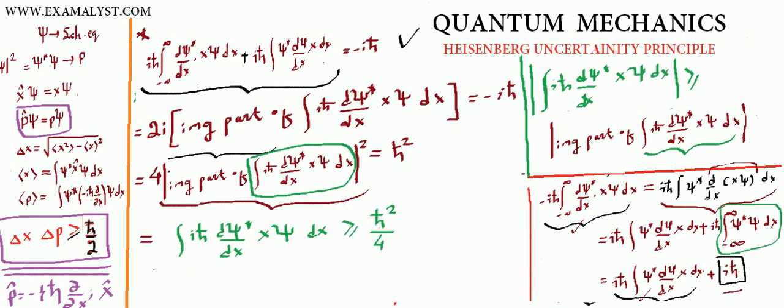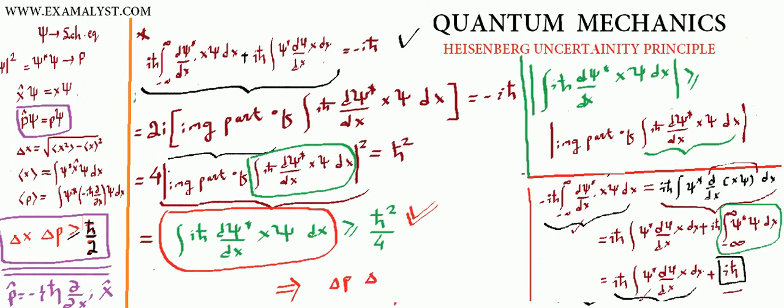And remember, we started explaining from this function, and we used the Schwarz inequality in the very first part of the derivation. At the end of the day, we find that the uncertainty in P multiplied by the uncertainty in X is greater than ħ divided by 2.